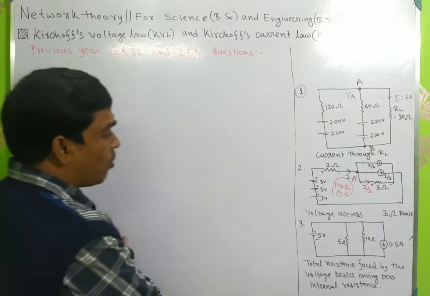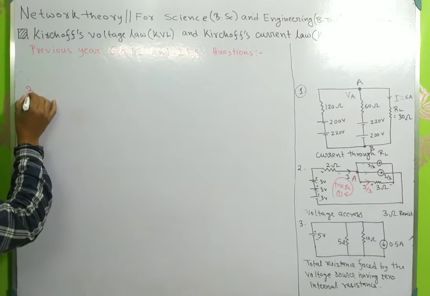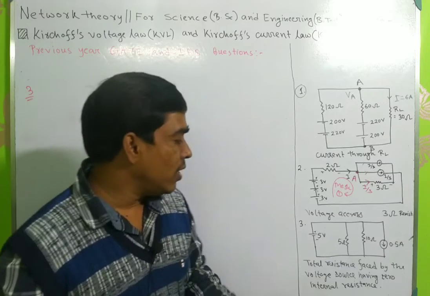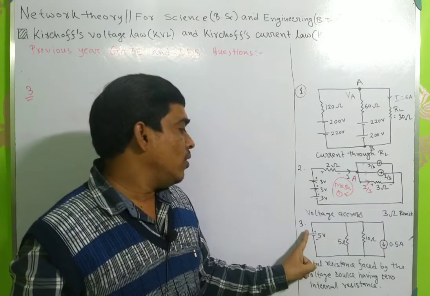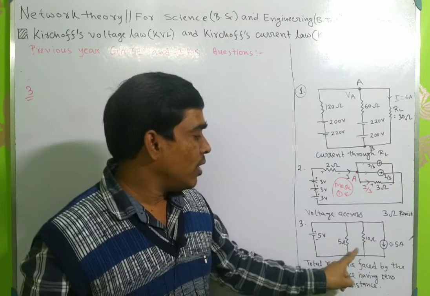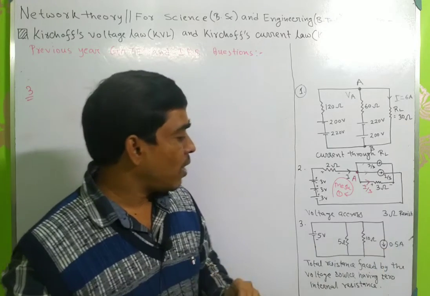Now problem number 3. Problem number 3 is a different type of problem. Here you see that this is a 5 volt DC source, this is 5 ampere, this is 10 ampere, these two are in parallel, and there is a current source 0.5 ampere.